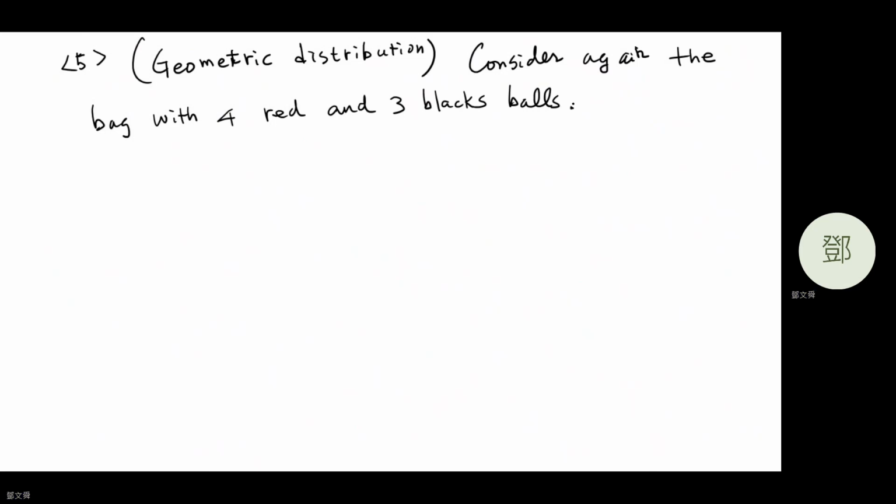Let us consider an experiment. Johnny draws one ball from the bag. If he gets a black ball, another black ball is put back into the bag, and let Johnny draw again.